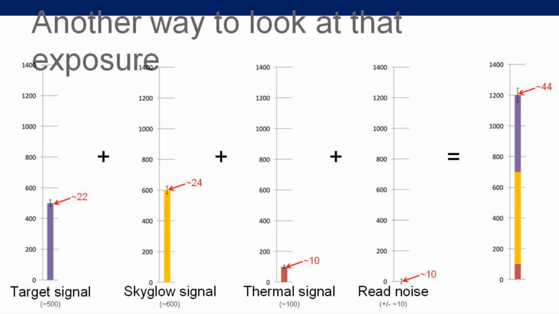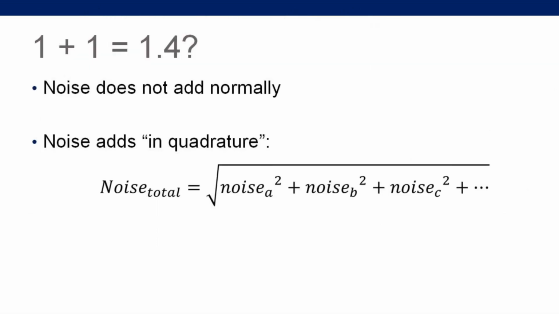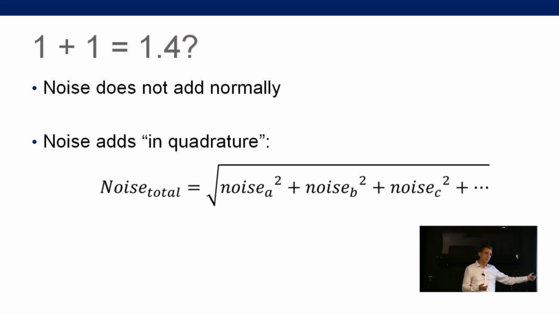So noise adds in quadrature, which is you just square each source of noise and then take the square root of the sum. And if you think about it for a second, that makes a lot of sense, because otherwise, if you had shot noise from one exposure, let's say you got 100 photons, the shot noise is 10, square root of 100, and you then took an exposure twice as long and you had 200 photons, it's going to be the square root of 200.